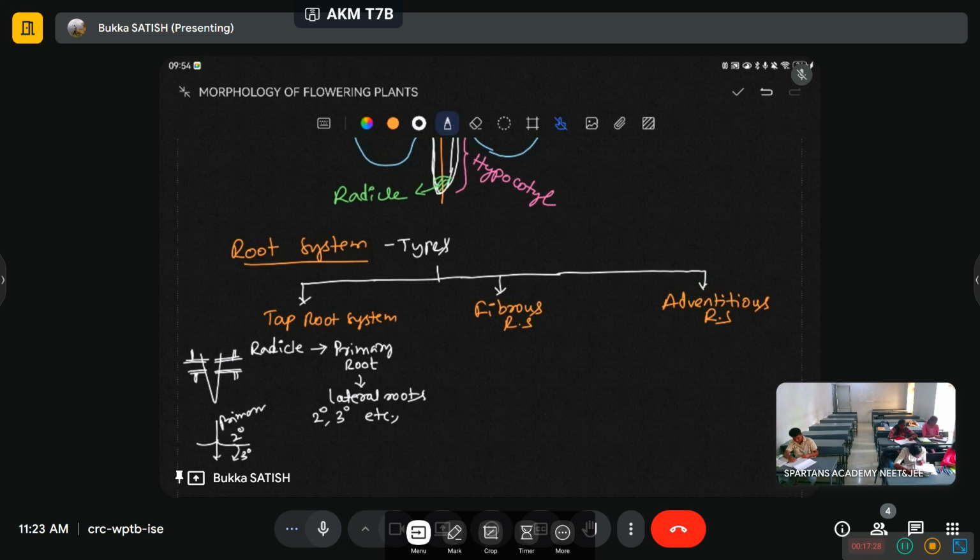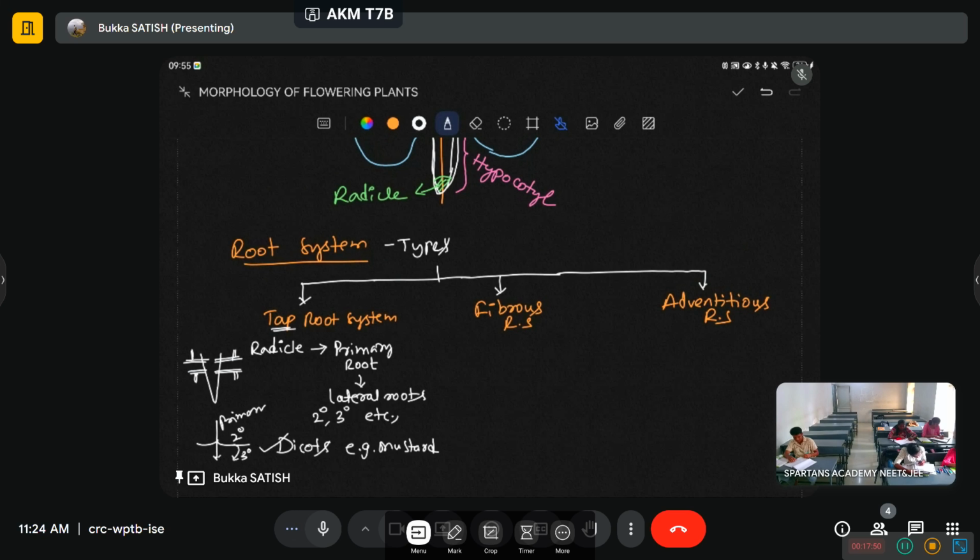Like this, primary root is giving basically a branching network. All these together is what we call taproot system. Right, this you can see in dicots. There are many examples. One example given here is mustard. But otherwise, all dicots are actually examples for this.